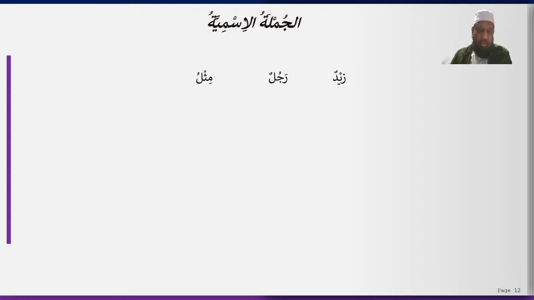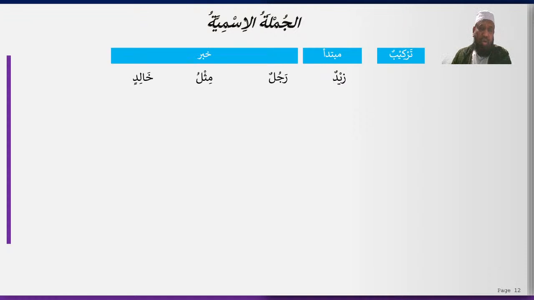Zaydun rajulun mithlu Khalidin. Because the mithlu is coming after the ism nakira, this is going to be na't. Zaydun mubtada, rajulun mithlu Khalidin is khabar.